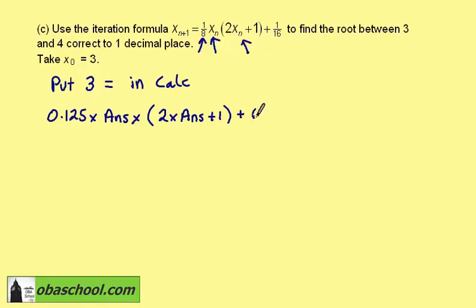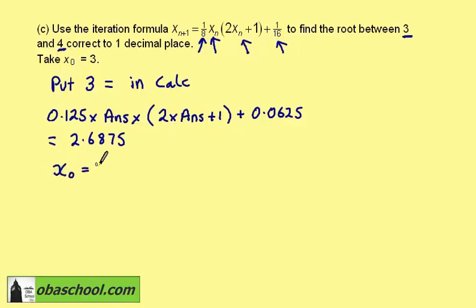And then add 1/16 or 0.0625 at the end. If we calculate this, we get 2.6875, and we note that this is not between 3 and 4. But let's carry on.